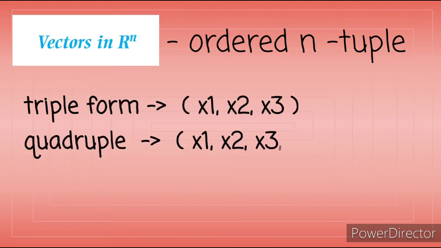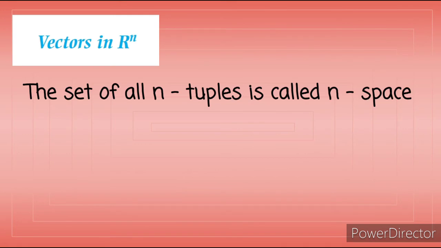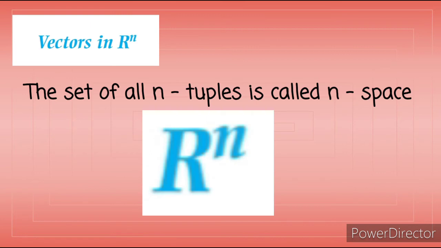An ordered quadruple has the form (x sub 1, x sub 2, x sub 3, x sub 4). And the general ordered n-tuple has the form (x sub 1, x sub 2, x sub 3, up to x sub n). The set of all n-tuples is called n-space, and it's denoted by R raised to n.